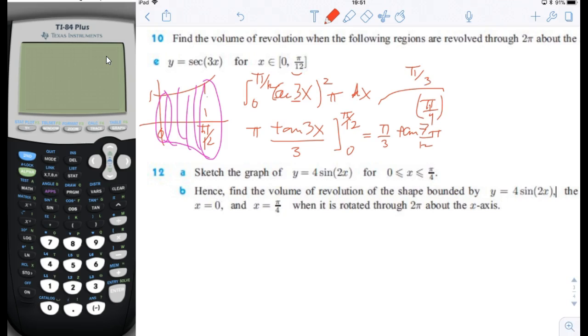If I subtract pi over 3 tangent of 0, tangent of 0 is just 0, so this whole thing becomes 0. So basically, the answer is pi over 3.